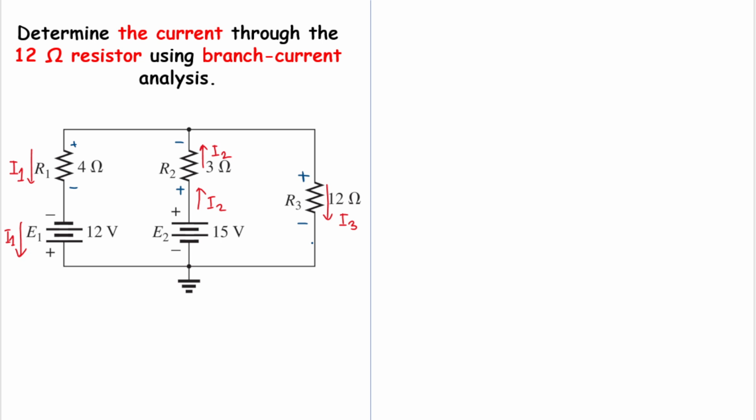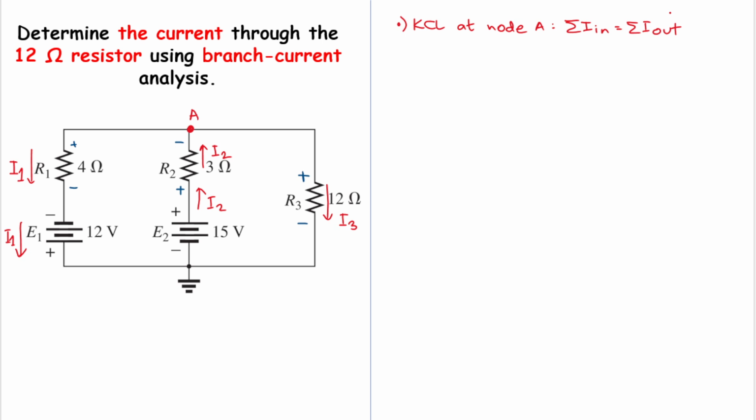Good. Now we need to do KCL and KVL in this circuit. For KCL, I think we can just do it here. Let's name this as A. Okay, let's do KCL, the Kirchhoff current law, at node A. KCL says that the sum of the currents that go in will equal the sum of the currents that go out.